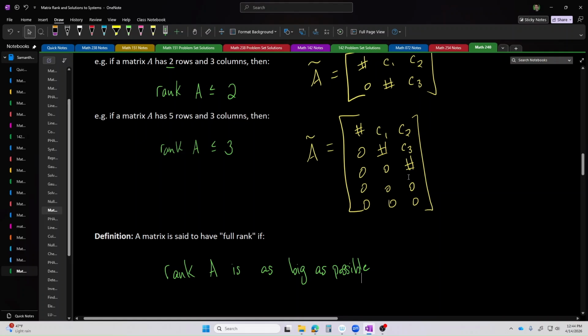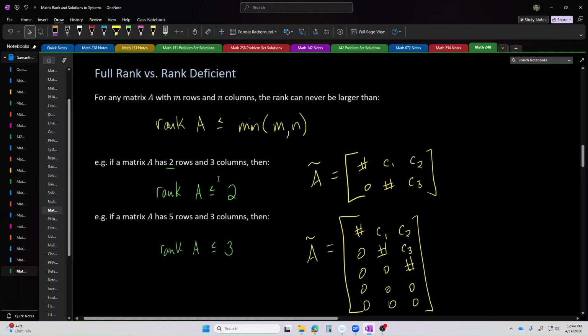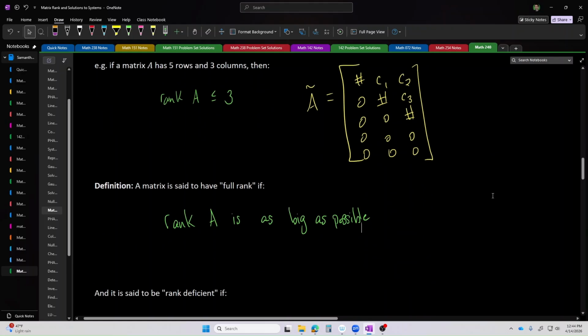You have 3 pivots, as many pivots as you can possibly fit in a matrix of this size. Likewise, this matrix A would have full rank if A tilde had 2 pivots, as many pivots as you could possibly fit in a matrix of this size. So full rank means you have as many pivots in A tilde as you possibly can.